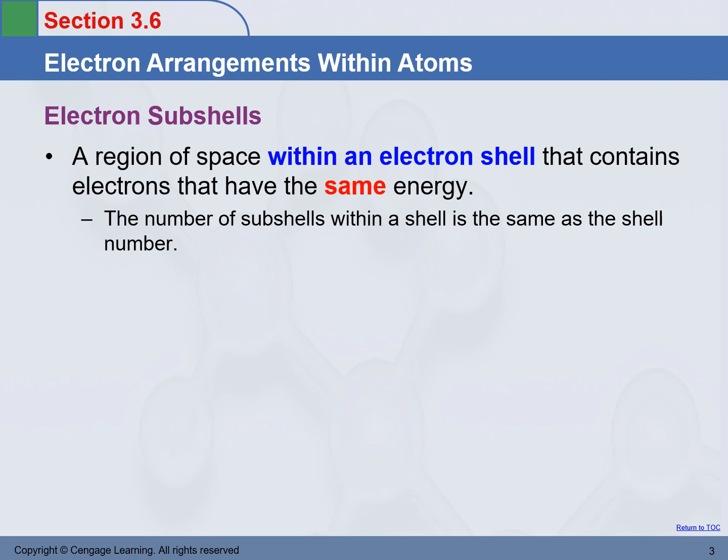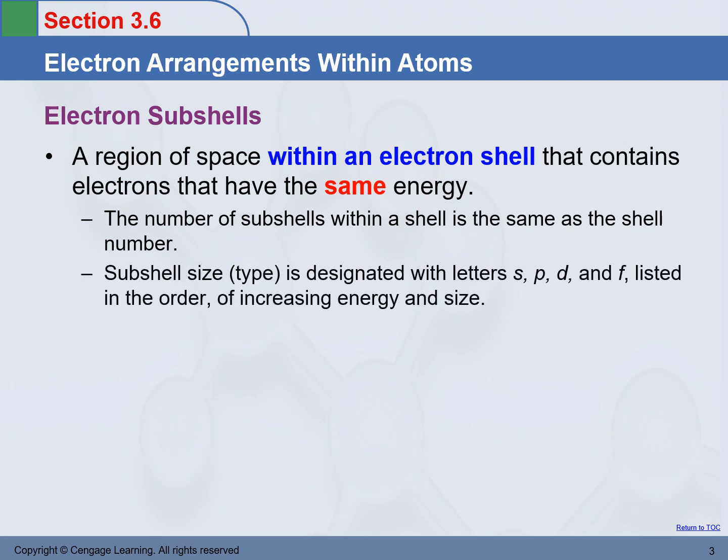Well, here we go. The number of subshells within a shell is the same as the shell number. So shell number 1 has only one subshell. Shell number 2 will have 2 kinds of subshells. Shell number 3 will have 3 kinds of subshells.